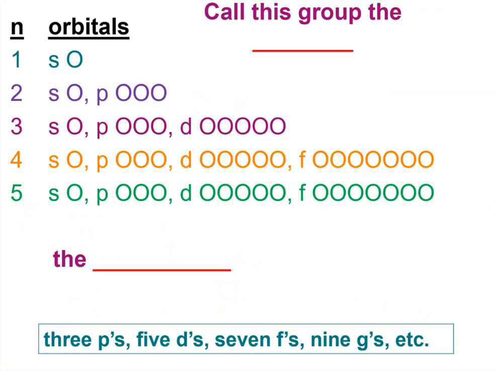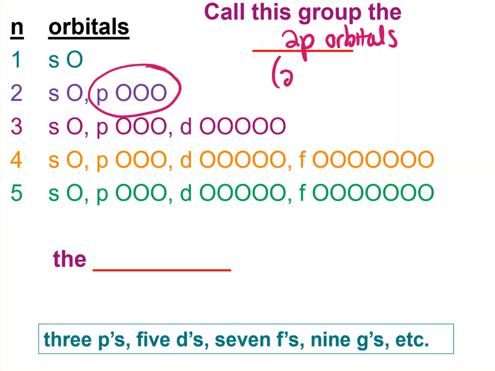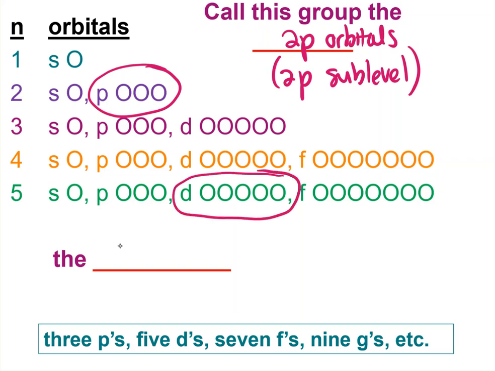Okay, we need to make sure we understand the language, what we're talking about when we say the sublevel name. For example, if I want to refer to those orbitals, I would call them the 2p orbitals, or I might call the whole set the 2p sublevel. Similarly, if I want to talk about those, I would call those the 5d orbitals.